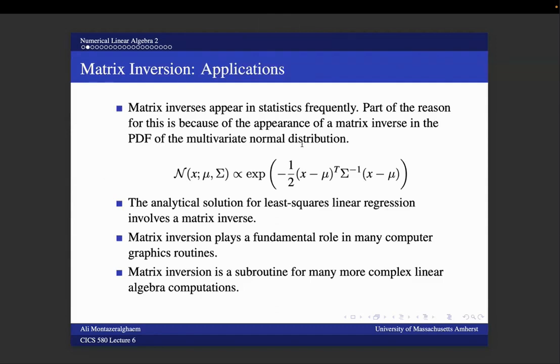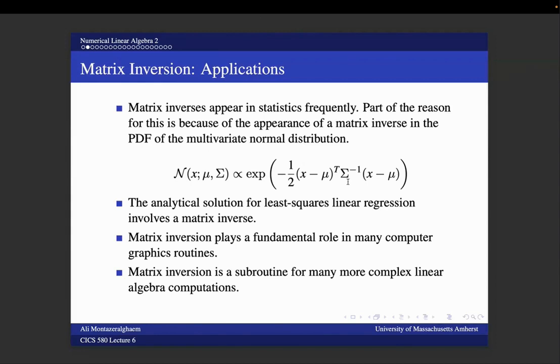Matrix inversion has a lot of applications. For example, in the normal distribution or multivariate normal distribution, you can see a matrix inversion of the covariance matrix here.